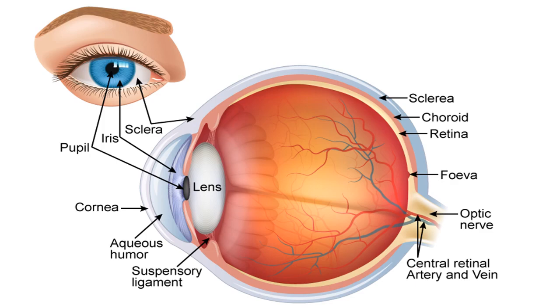Let us now look at some of the parts of human eyes. Human eye is the part of sensory nervous system. It is an organ that reacts to light and allows vision.